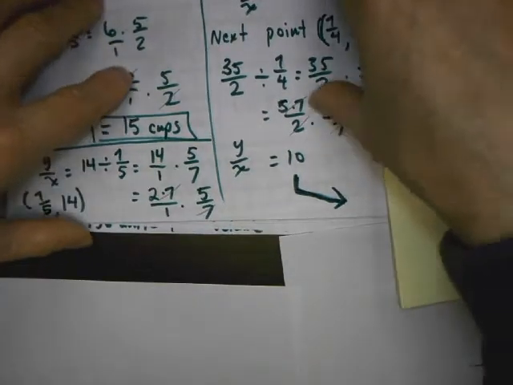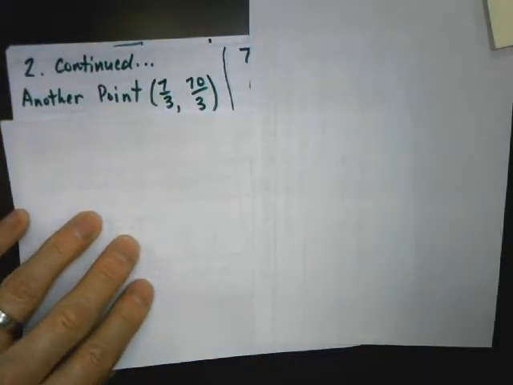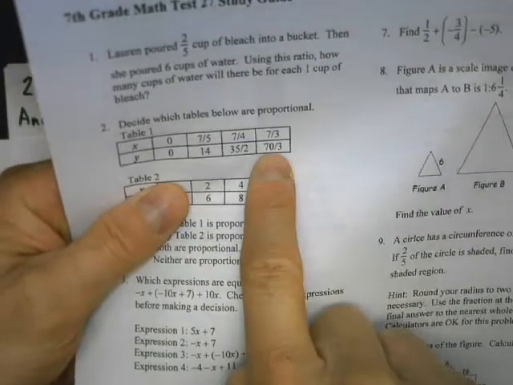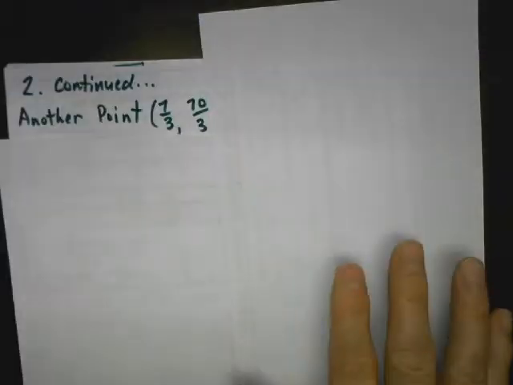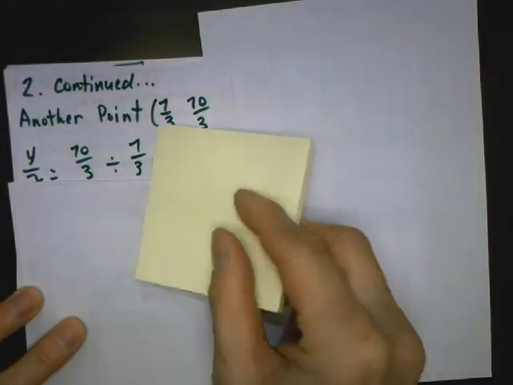But we want to check all three because it is possible that 2 might work and then the last one doesn't work, and if that's true, it's not proportional. So we're going to test them all. I'll take the last point that they gave us for that table. The x is 7/3, the y is 70 over 3. Y over x means y divided by x.